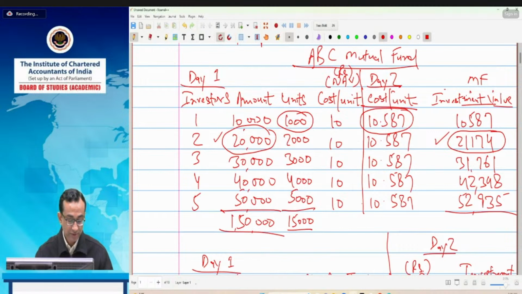So total value, let us calculate it. Let us add all these figures. So it is coming to 158,805 investment value of the mutual fund on day two.